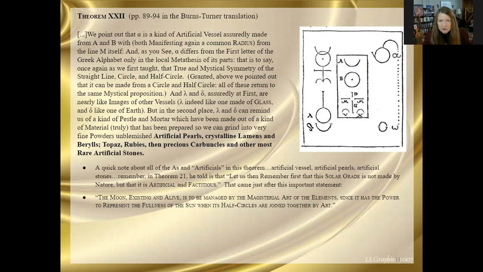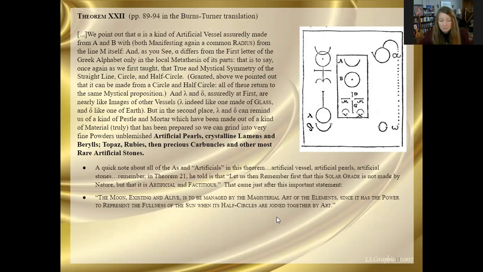Let's look at the line that comes after this in 21. He had said the moon, existing and alive, is to be managed by the magisterial art of the element, since it has the power to represent the fullness of the sun when its half circles are joined together by art. So it represents the fullness of the sun. It is not the sun of the physical world, because in effect it's the bonds of the four elements that D is trying to break when this center point of the rectilinear cross, the stone the builder rejected, is merged with the center of his symbol for Tifereth for gold and so forth.